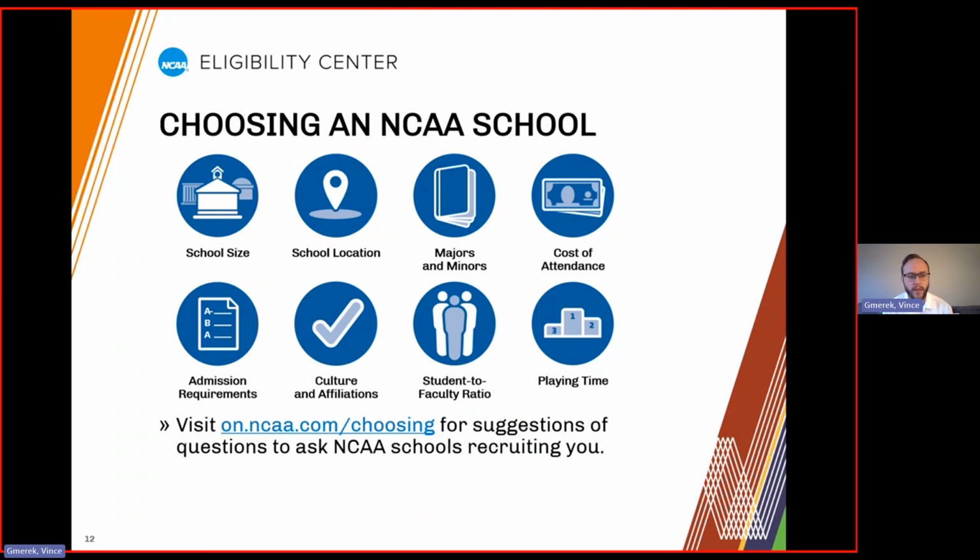A major is a course of study that you would pursue at that particular school. And others may be cost of attendance or student to faculty ratio. Again, if you have questions about that, you can always use that interactive map, find the school that you're interested in attending, and then do more research about each of those individual schools to see if that's the type of school that you would like to attend based on, again, whatever criteria you deem most important.